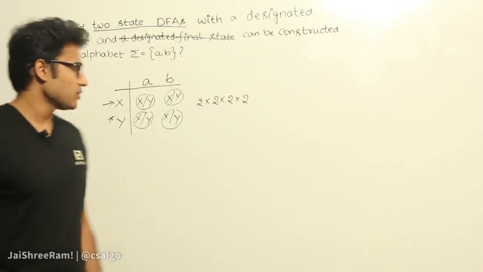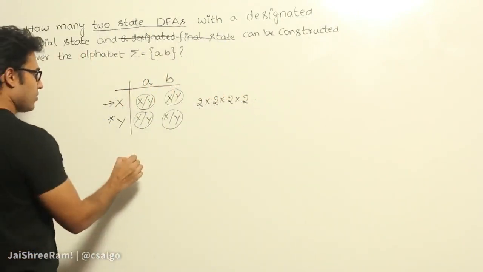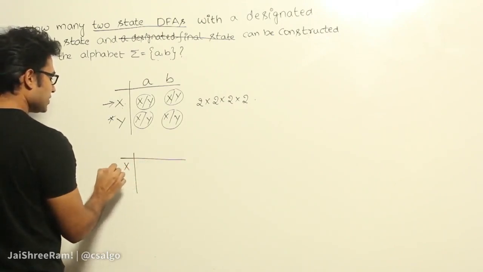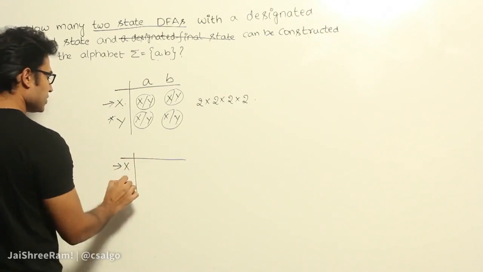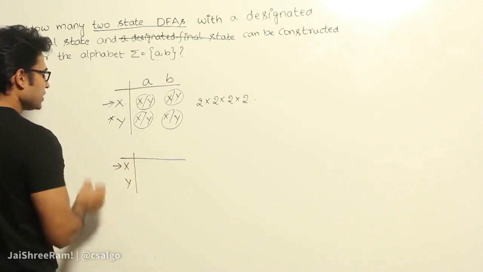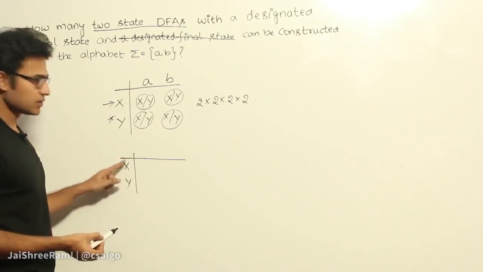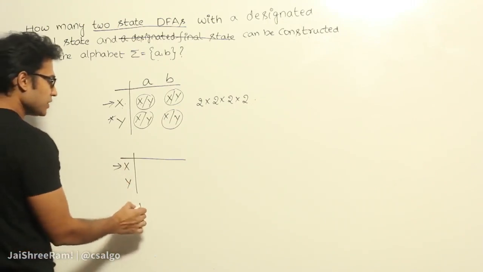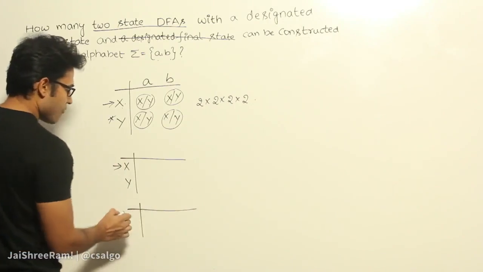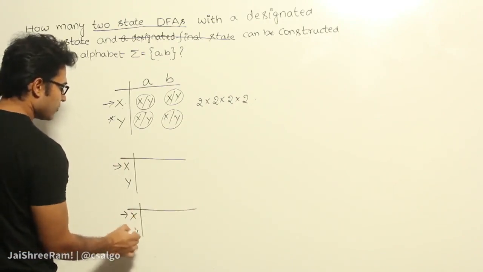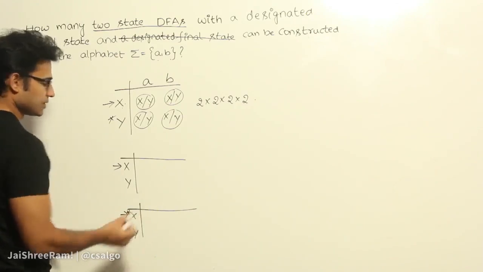Then let us say X is designated as the initial state and nothing is mentioned about the final state. One possibility is that there may be no final states in our DFA at all. Another possibility is that there may be one final state in our DFA, and that final state is, let's say, X itself.